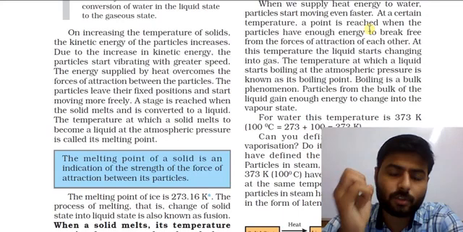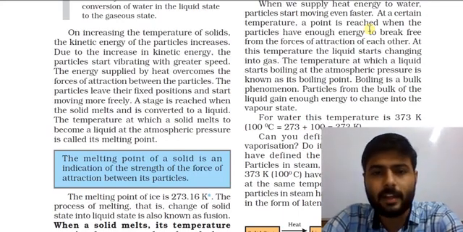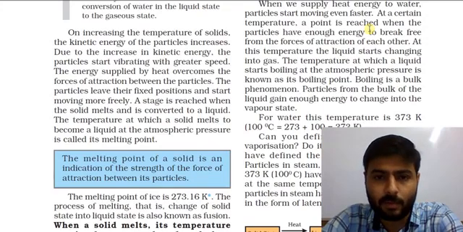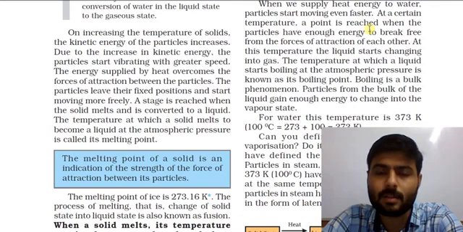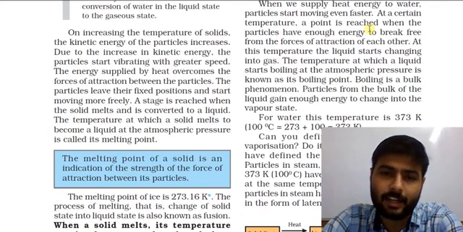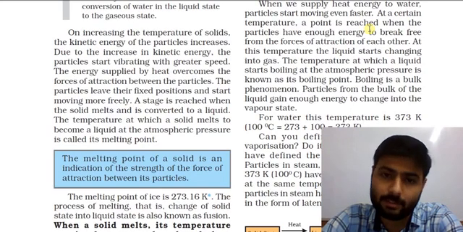Water slowly starts boiling. At that time, we have noticed that there is a 100 degree centigrade temperature shown on the thermometer scale, and this 100 degree centigrade will continue till most of the water evaporates.